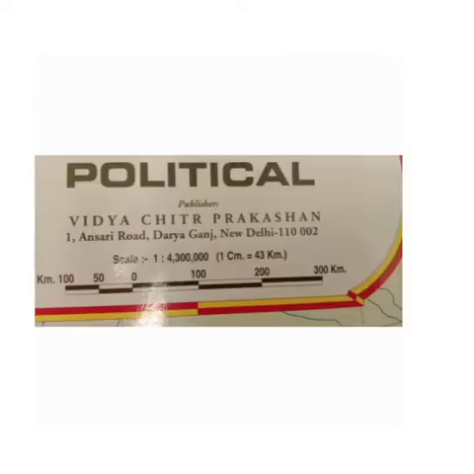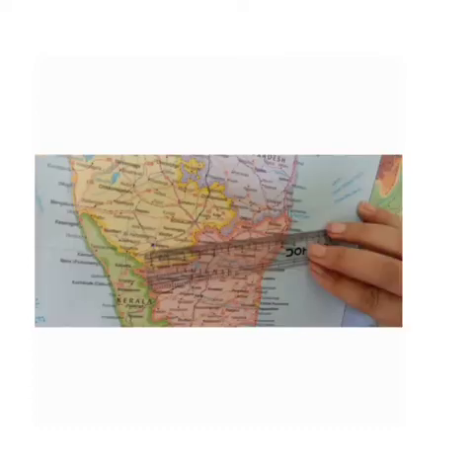Here children, look at this map. What is the scale given on India's political map? It is 1 centimeter on the map is equal to 43 kilometers on the ground. So if we want to measure the distance from Mysore to Chennai, on the map the distance is 9.5 centimeters. On the map 1 centimeter shows 43 kilometers.